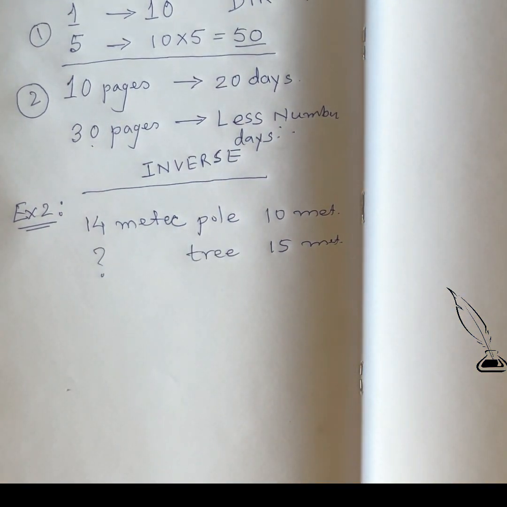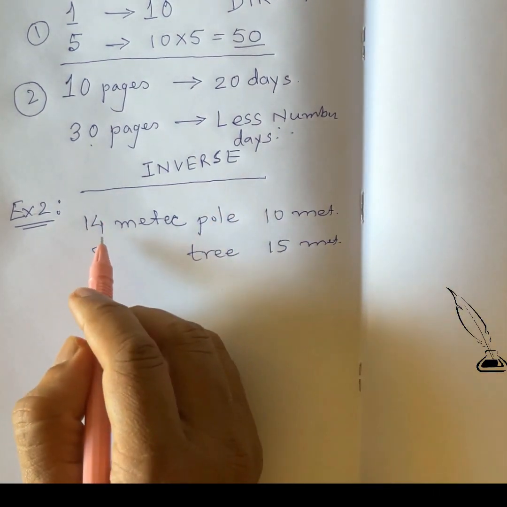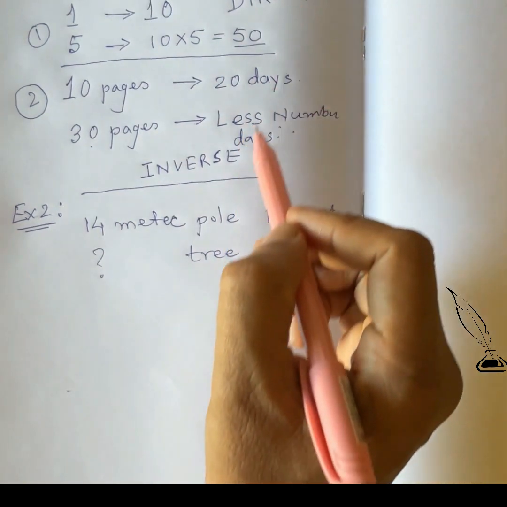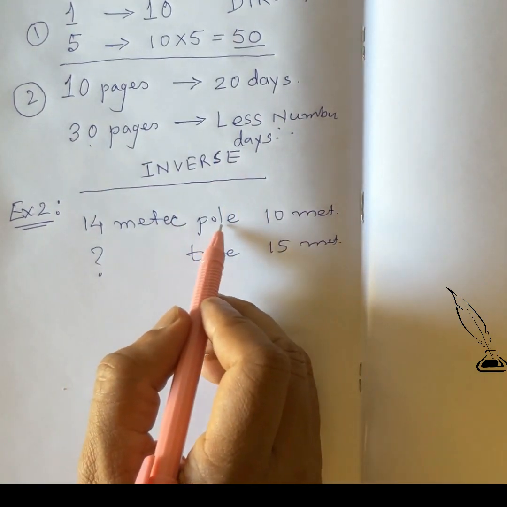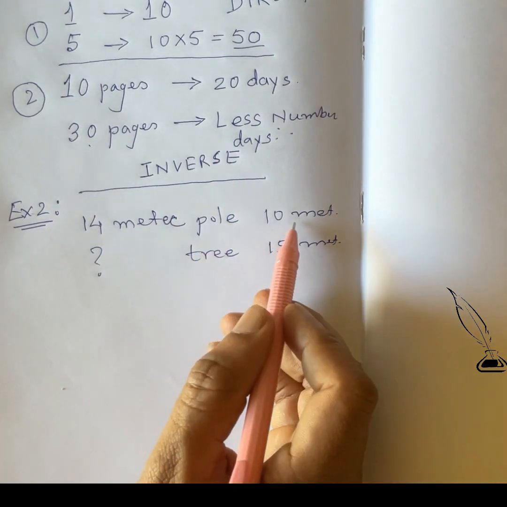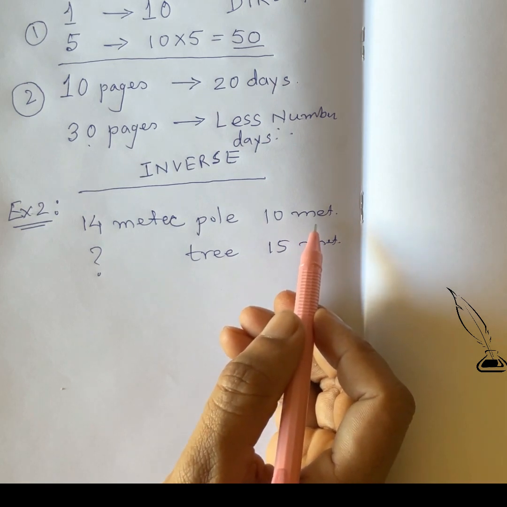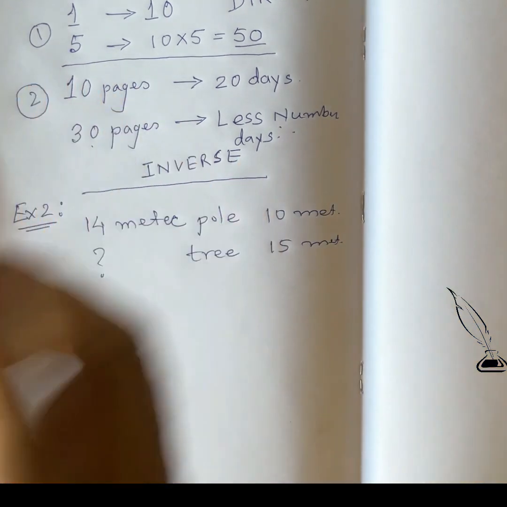First we have to understand whether it is a direct proportion or an inverse proportion. If the height of the pole increases, the length of the shadow increases. That means it is a direct proportion.